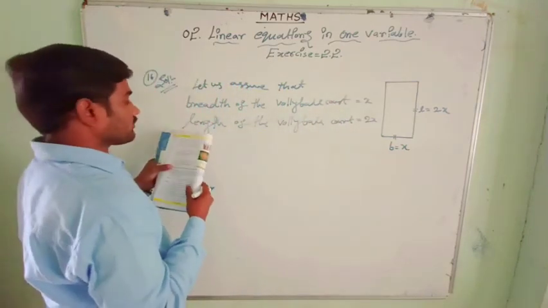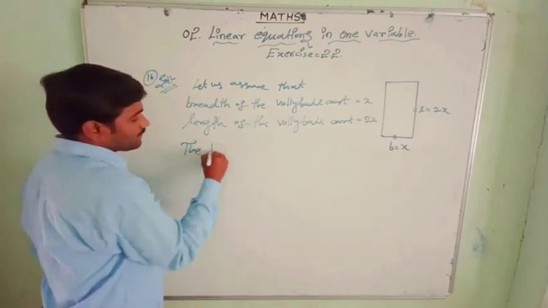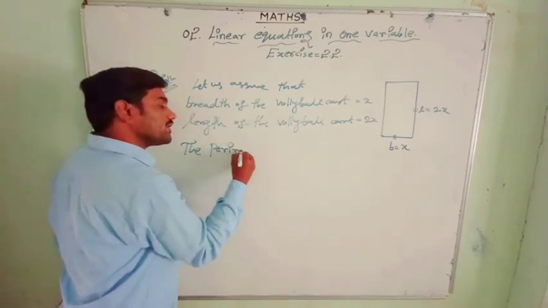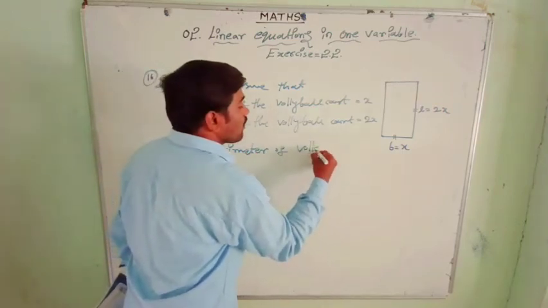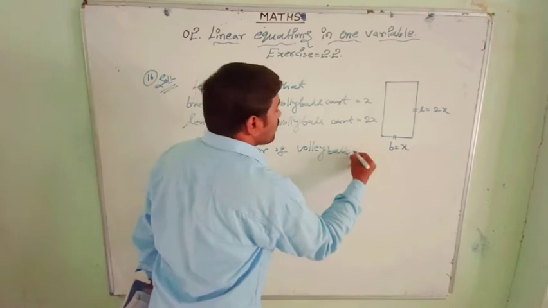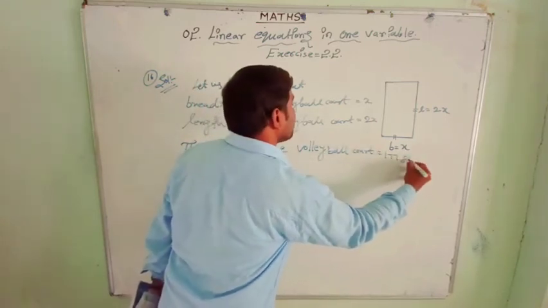So here the perimeter of the volleyball court is equal to 177 feet.